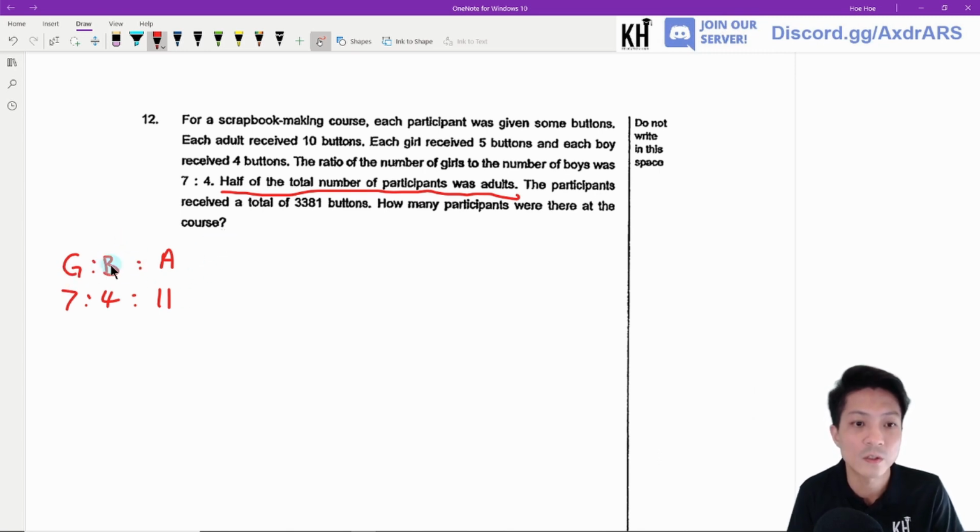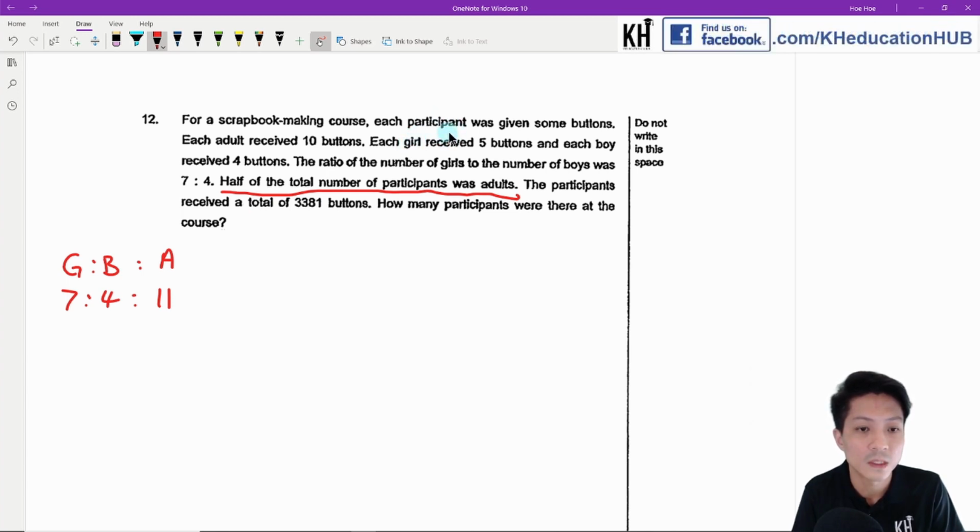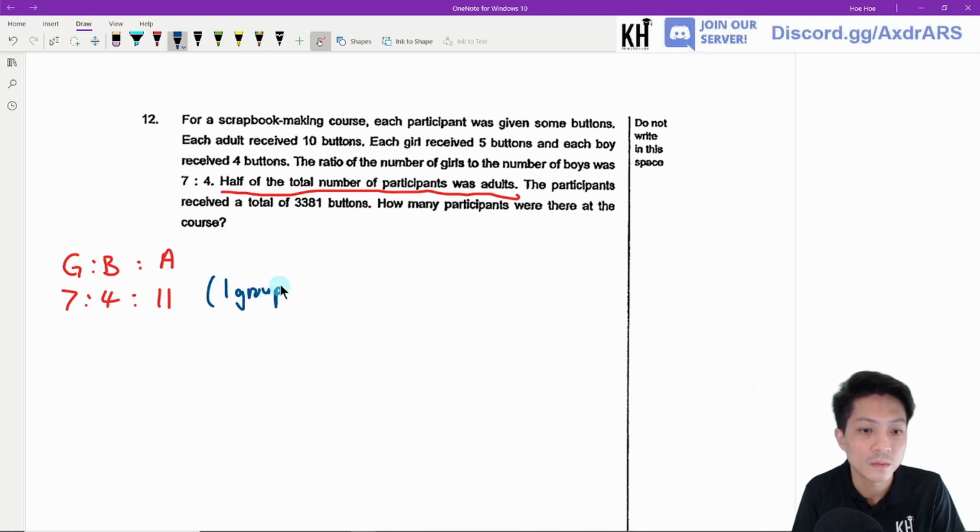So this is the ratio of girls to boys to adults. In this case, we can use the grouping method. Treat this as one group. Think of one group as exactly 7 girls, 4 boys, and 11 adults.